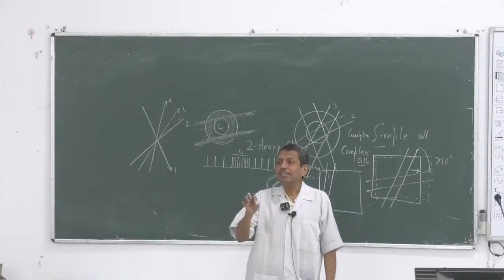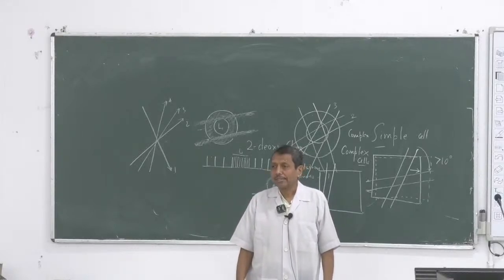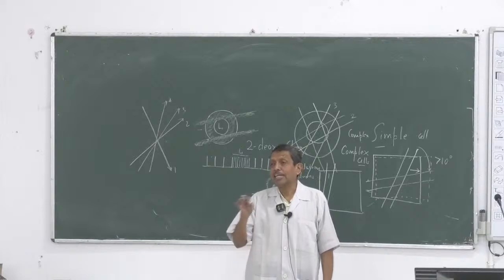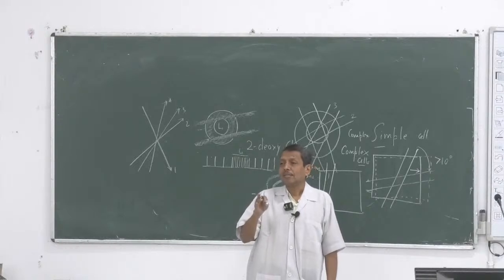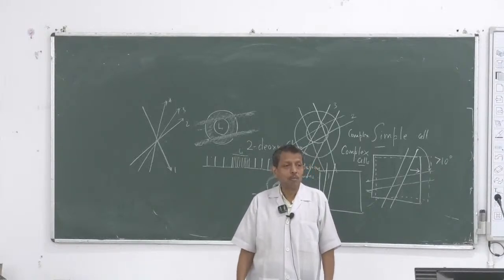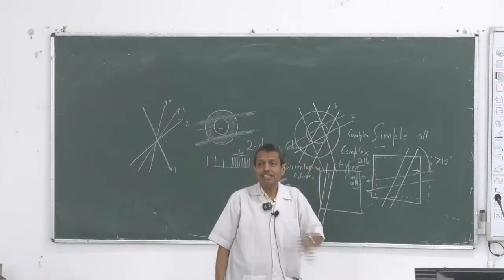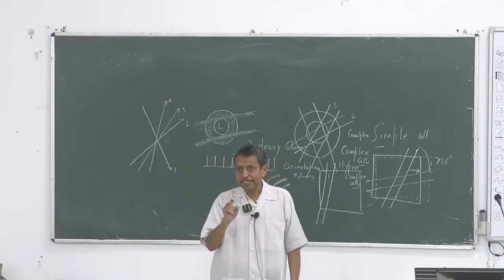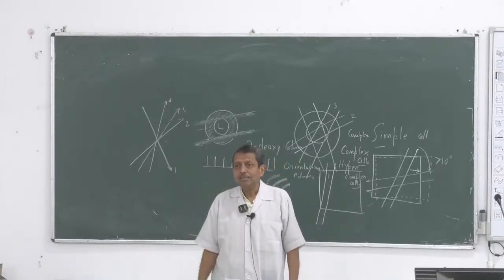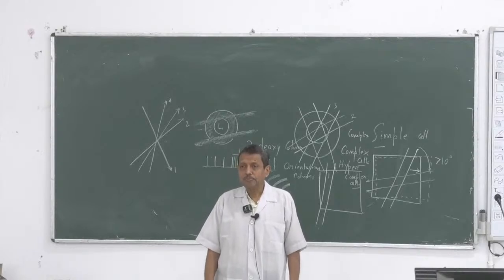And there may be hypercomplex cells that can get information from several complex cells. And in this way, the existence of some object, its outline, can be known to us. The outline can be known to us.